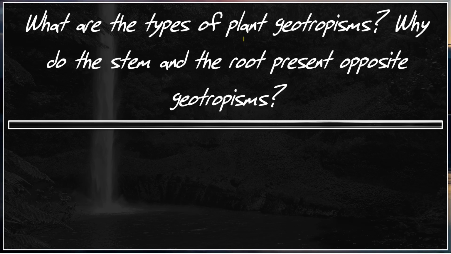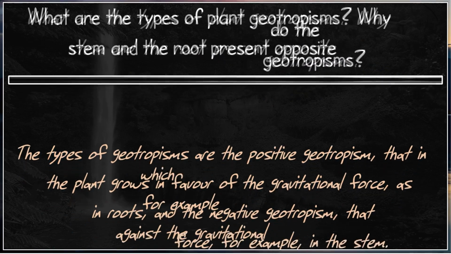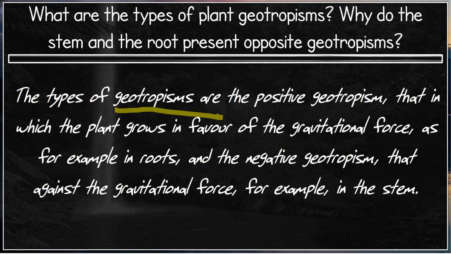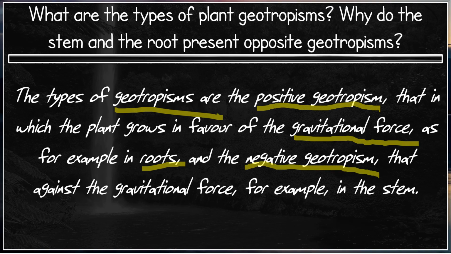What are the types of plant geotropism? Why do the stem and the root present opposite geotropism? The types of geotropism are positive geotropism, that in which the plant grows in favor of the gravitational force, as for example in roots, and negative geotropism, that against the gravitational force, for example, in the stem.